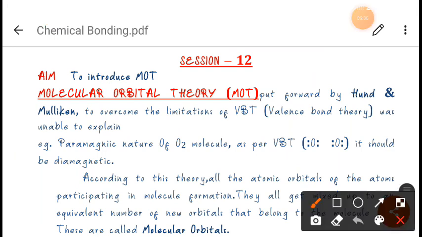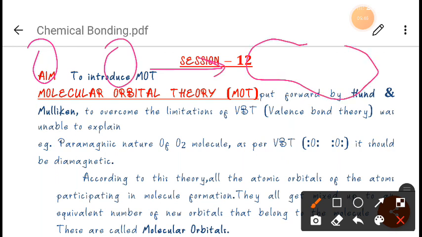In the same way as I explained, suppose this is one atomic orbital and another one, they will combine to form another set of orbitals like this, the molecular orbitals. Molecular orbitals are associated with the molecule as a whole and are quantized.